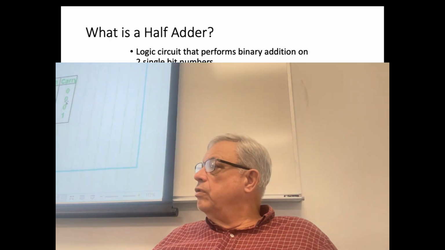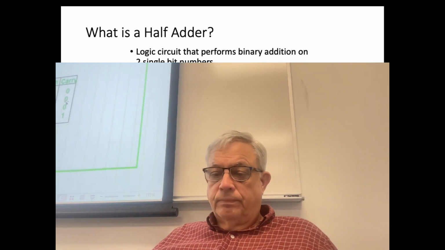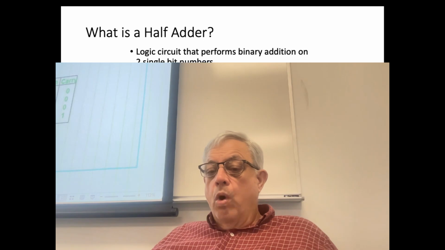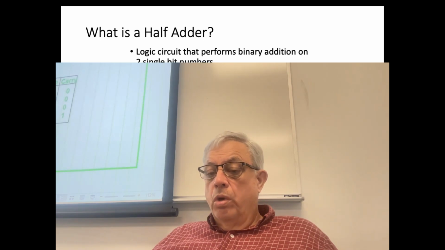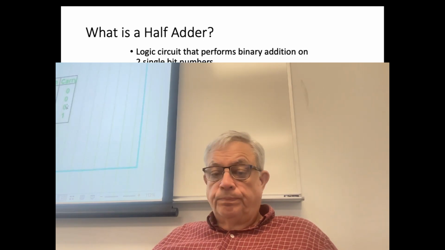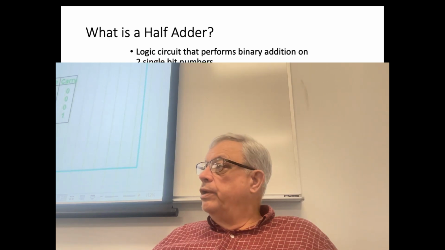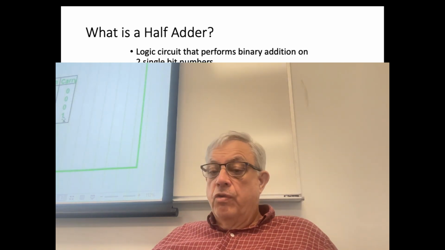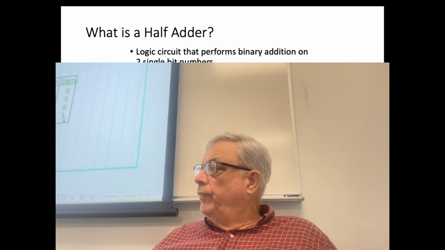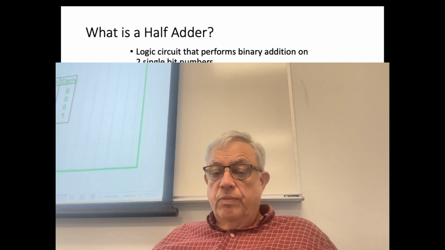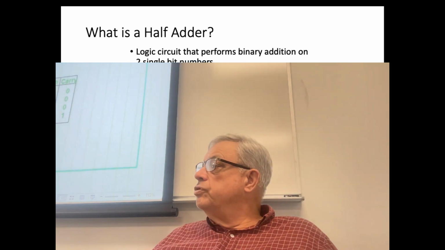I mean, this is second grade math, right? 1 plus 0 is a 1. Still no carry. 1 plus 1 is a 0 in binary with a carry of 1. So this numerically would look like a 1-0 when you wrote it down.